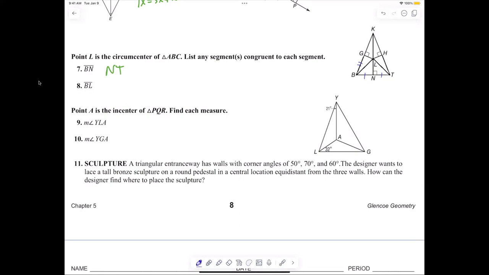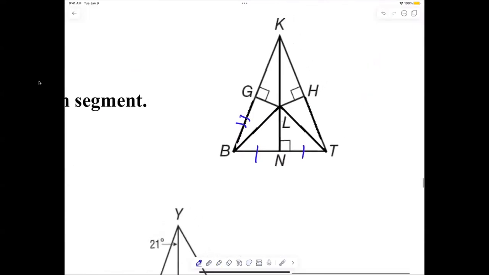What is congruent to GB? Yes, there you go. That's how they confuse you. And then if I said HK, HK is congruent to what? Exactly. And then if I said LB, LB is congruent to what? And LK. All three of these things are congruent. Is everybody happy with that explanation? That's all there is to it. That's what you have to remember.